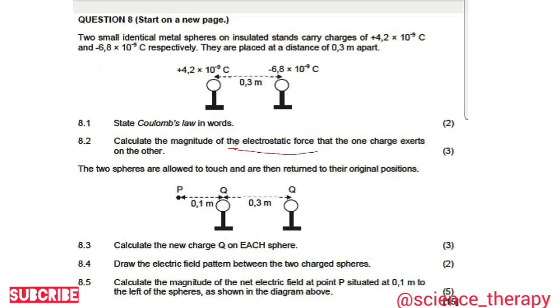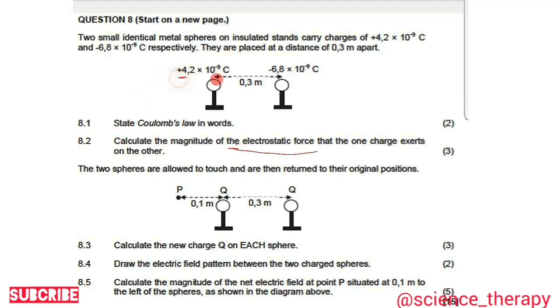Now let's check 8.3. So we are given a statement above there. It says the two spheres are allowed to touch and are then returned to their original positions, right? So now we have a case whereby these two spheres are now allowed to touch. So we can see that when they're left to touch, they will obviously attract each other because initially they have unlike charges, right?